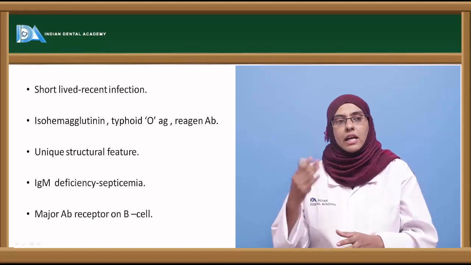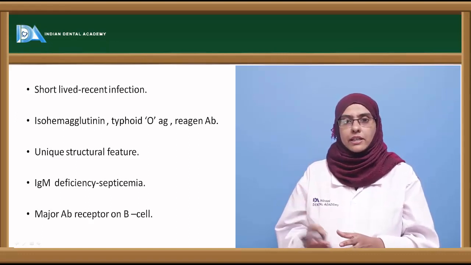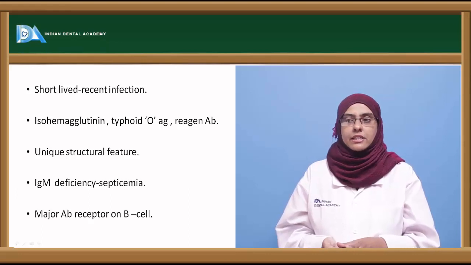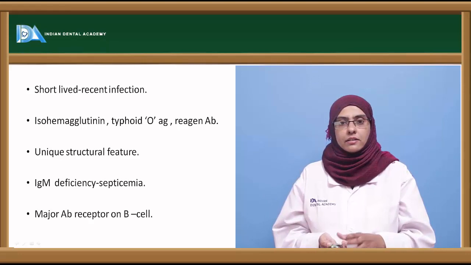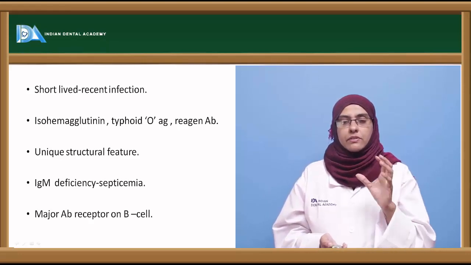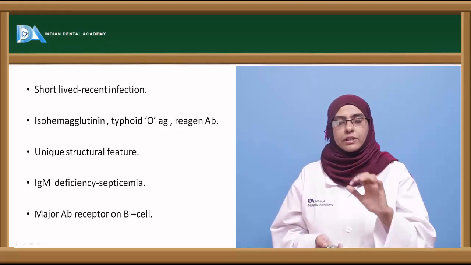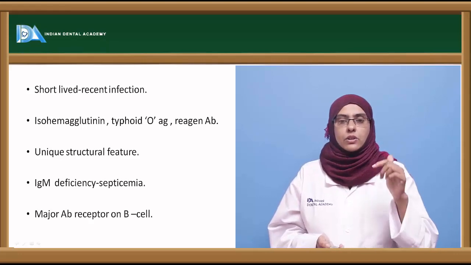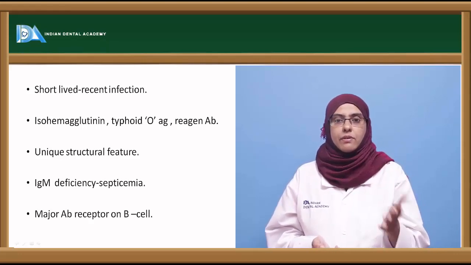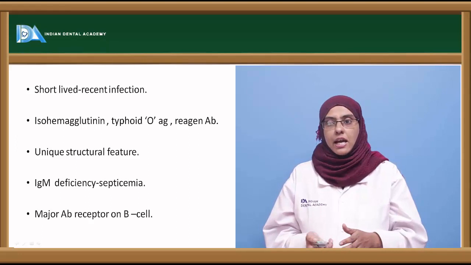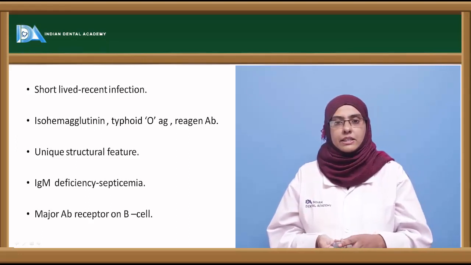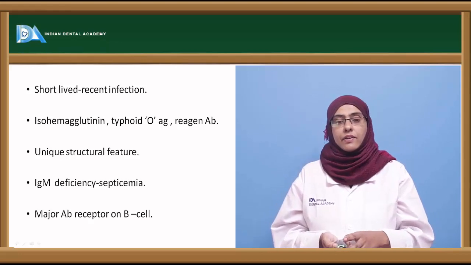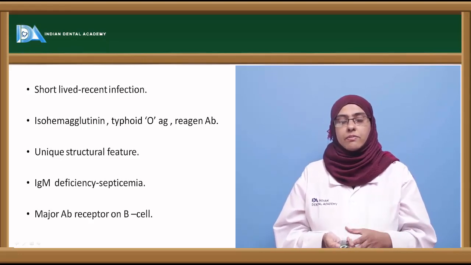Apart from that, the antibodies are also active against the typhoid O antigen and reagin antibody, and it has a unique structural feature: IgM can be expressed in a monomeric form on the surface, which helps in activating the B cell for proliferation and differentiation. The deficiency of IgM can lead to septicemia, where there is a generalized infection with different types of microorganisms.